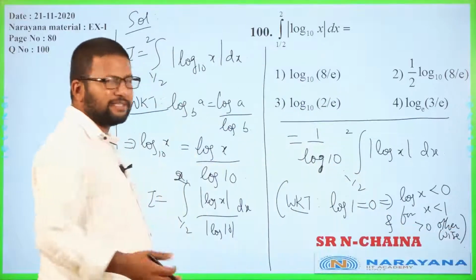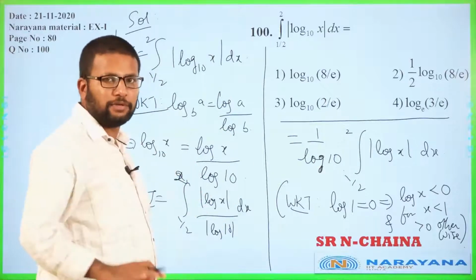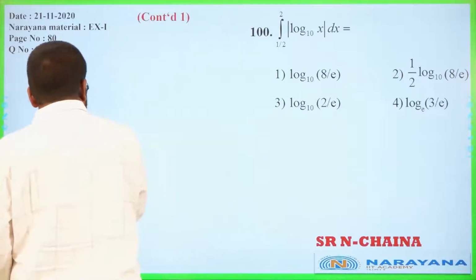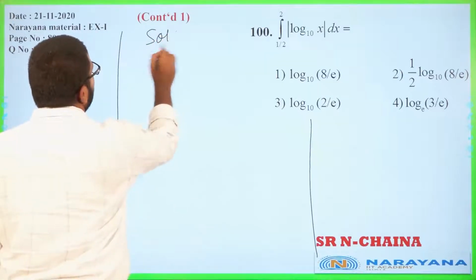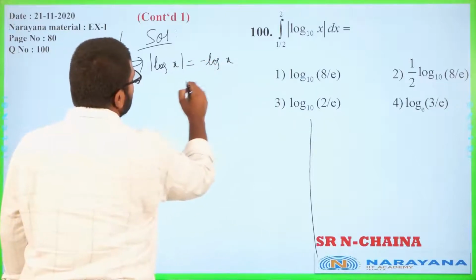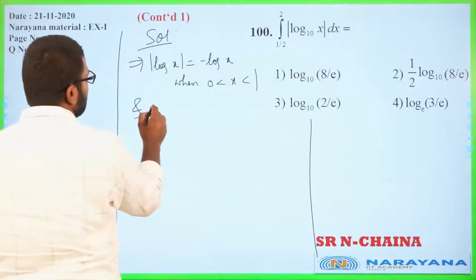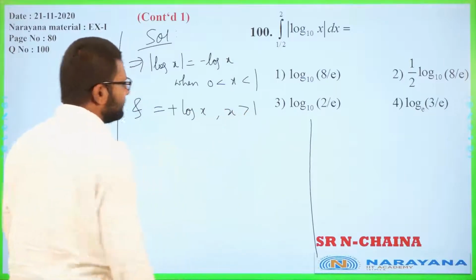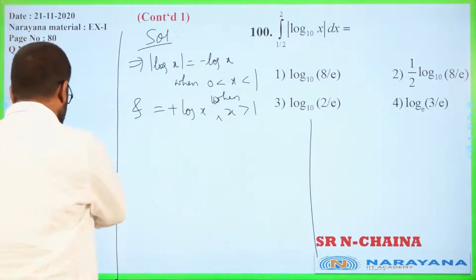Here there is an inherent assumption that you understand that x must be positive, that log is not defined for negative values of x. That is understood, I hope. So with that understanding, mod log x is minus log x when x lies between 0 and 1, and it is equal to plus log x when x is greater than 1.